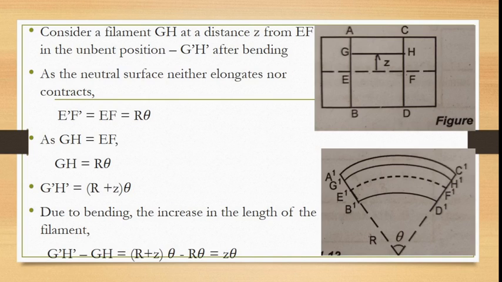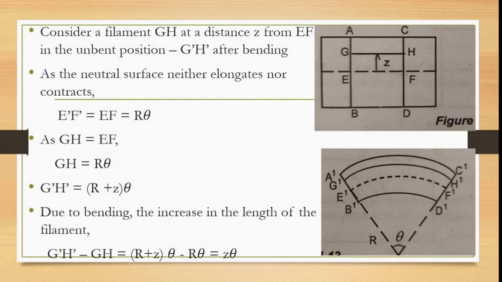The radius to EF is r, and the distance from EF to GH is z, so the radius of the filament GH is r plus z. So G dash H dash is equal to r plus z into theta. So we have GH as r theta and G dash H dash as r plus z into theta.